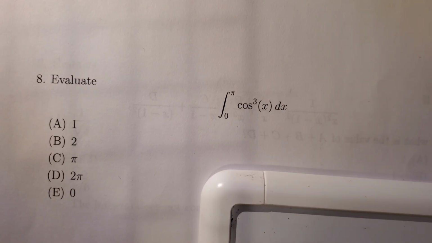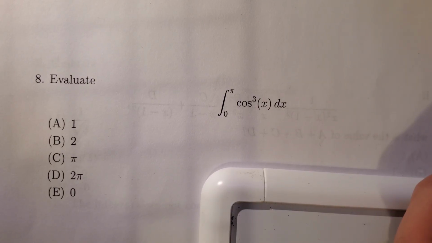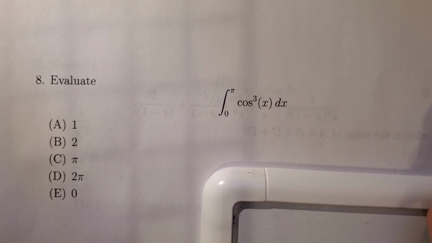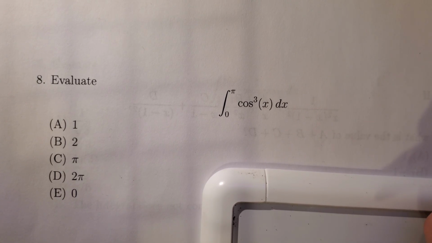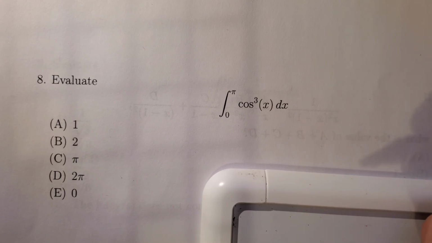Number 8. Evaluate the integral of cosine cubed x from 0 to pi with respect to x. So in this question, we have a trig integral. And the way to approach trig integrals like this is to try to break it down as much as you can and try to find identities to work with.